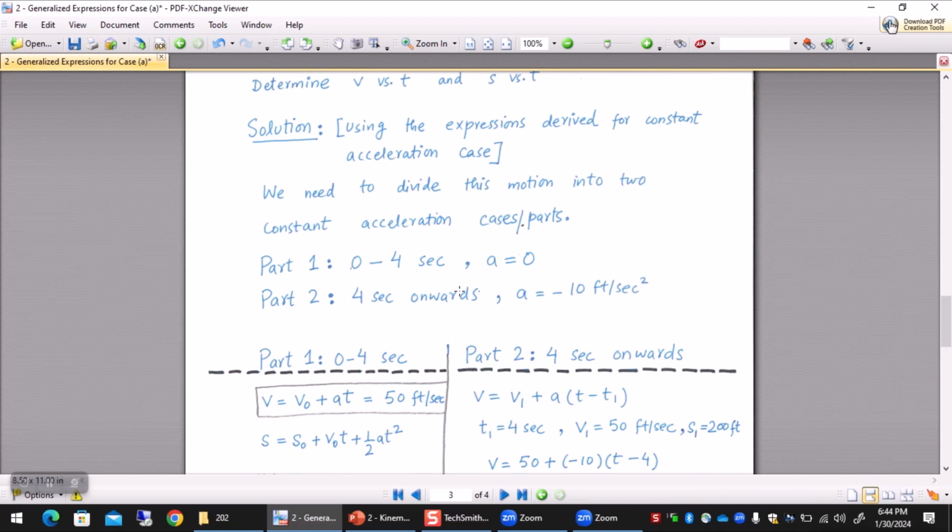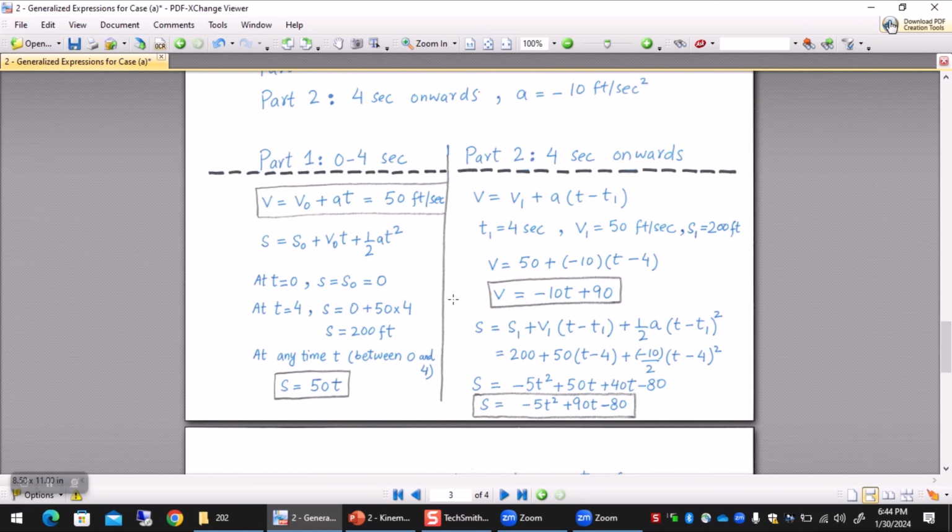And let's say I now want to solve the same problem by directly applying the equations we derived for the constant acceleration case. Let's assume that we don't want to repeat the successive integration or apply the solution technique, but directly want to use the expression. So for clarity, I call part 1 of the motion 0 to 4 seconds, and part 2 of the motion from 4 seconds onwards.